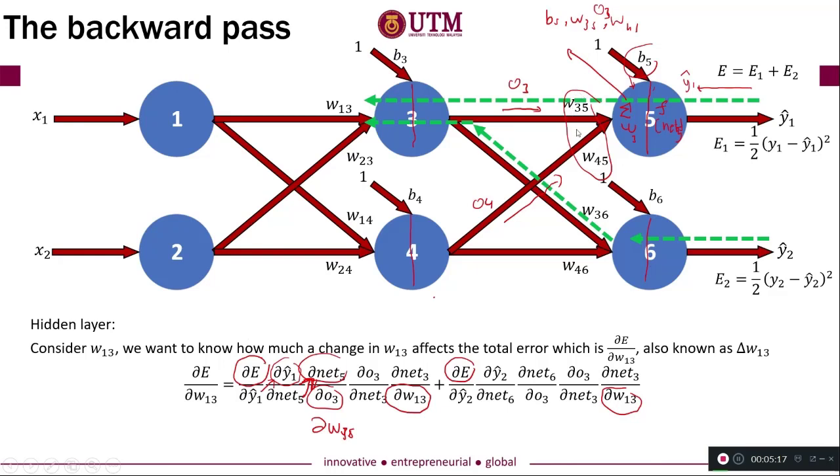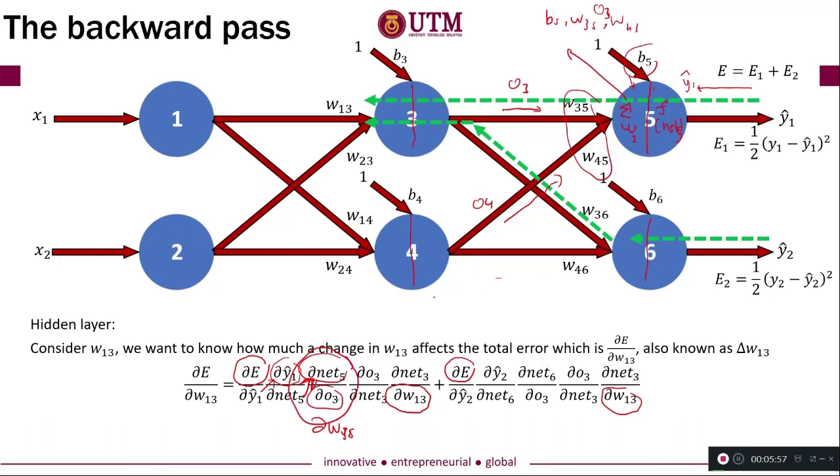So you need to do it the other way around, which is to derive with respect to del O3, because O3 comes from this one. If you do it with respect to W35, then you stop the chain rule there. That's why you need the derivative with respect to this one, because now it will be connected: O3 is connected between neuron 3 and neuron 5.